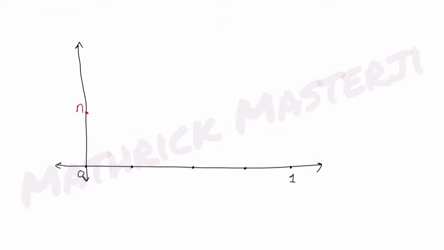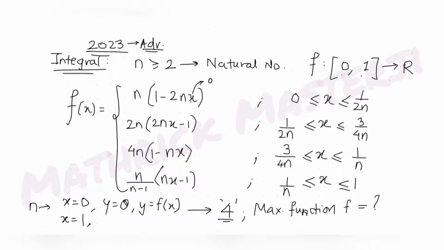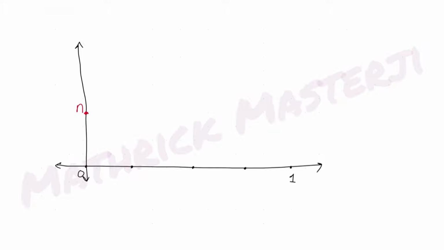And at x equals 1 over 2n, which is the upper limit of this function, if I put 1 over 2n as the value of x, the 2n cancels with the 2n and gives 1. So 1 minus 1 becomes 0, multiplied with n gives 0. So at x equals 1 over 2n, the value of the function becomes 0.